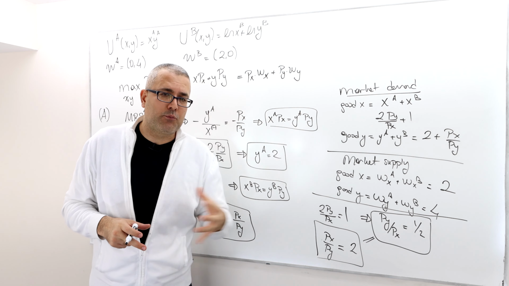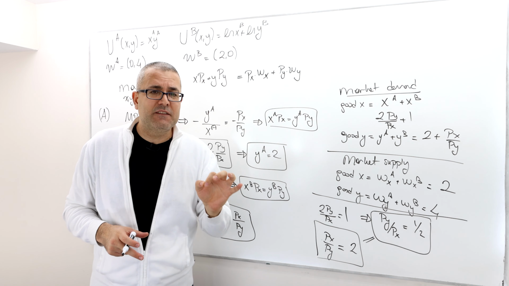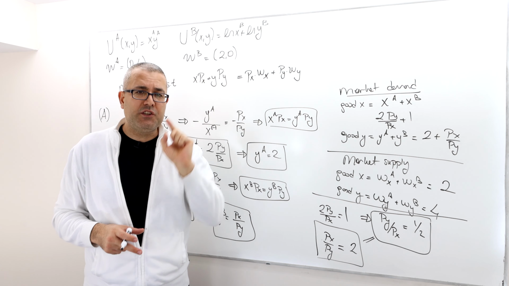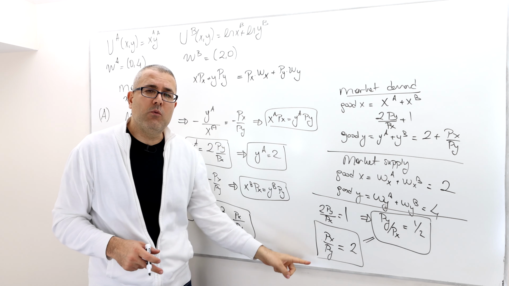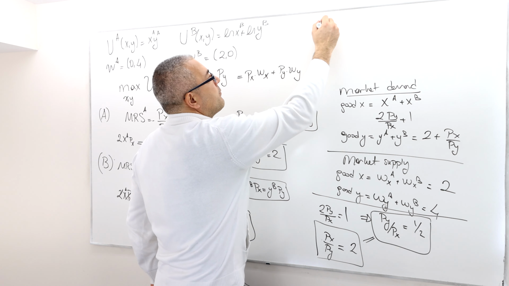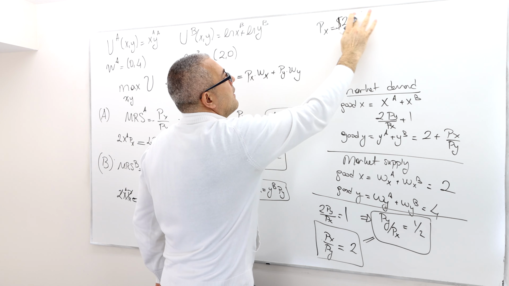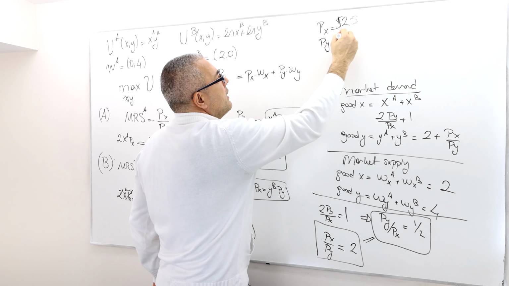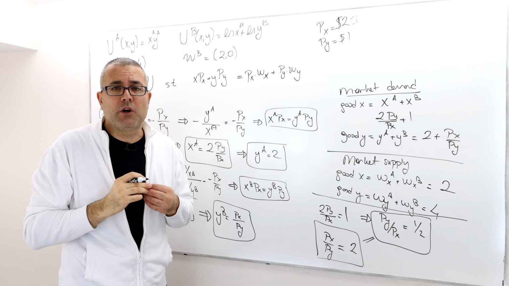But all of those prices must satisfy one property: whenever we calculate their ratio, px over py, it must be equal to 2. Which means the price for good X is equal to $2, all right? And then the price of good Y equals $1. So this is one set of equilibrium prices.